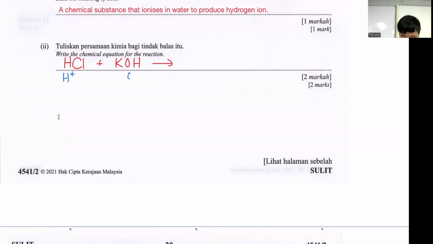H plus, you got OH minus, check with OH minus, K plus attracts Cl minus. So basically, you get KCl plus H2O. This is very straightforward. Acid reacts with base, you get salt and water. 2 marks, okay? Don't even have to balance because it's already balanced for you. Okay.